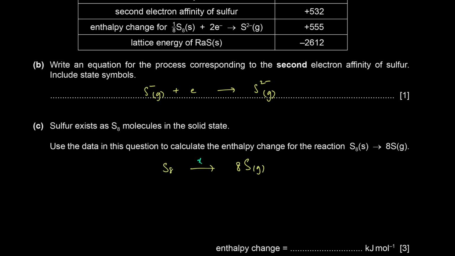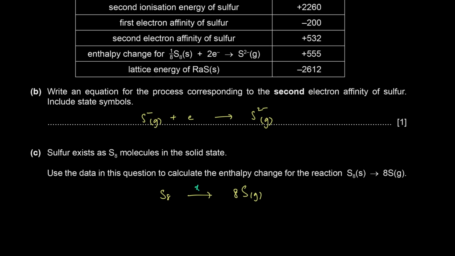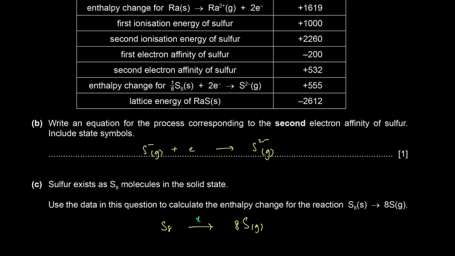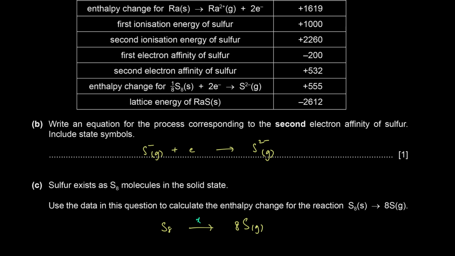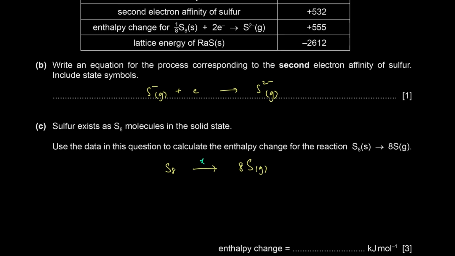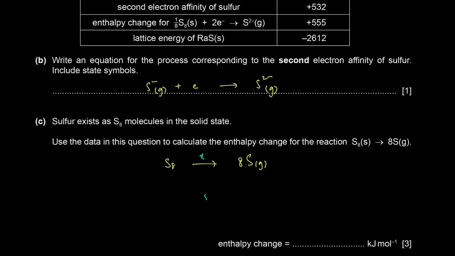So let's call that X. Now, what data in the table can we use to relate these over here? They've given us the enthalpy change for the formation of sulfide ions from its constituent element. So let's say over here I have sulfide ions. They've given me this data here.